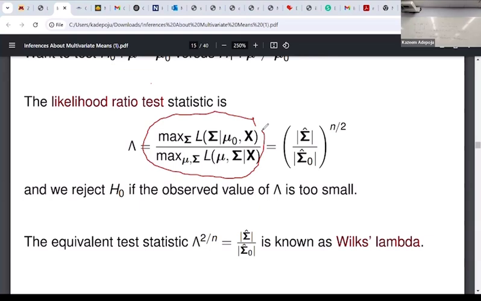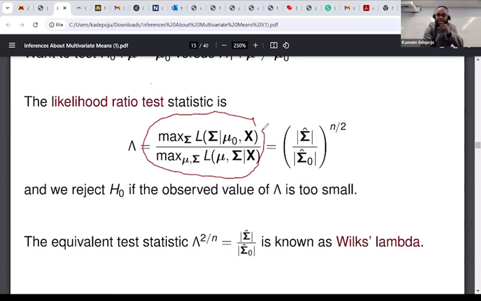In the likelihood ratio test, the numerator is the maximum likelihood expression when the null hypothesis is true. The denominator is when it is not true. In the denominator you see mu, and in the numerator you see mu naught.